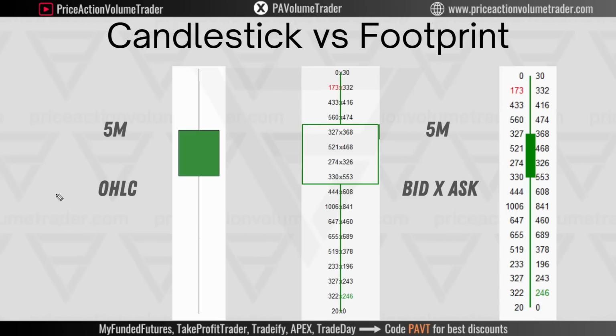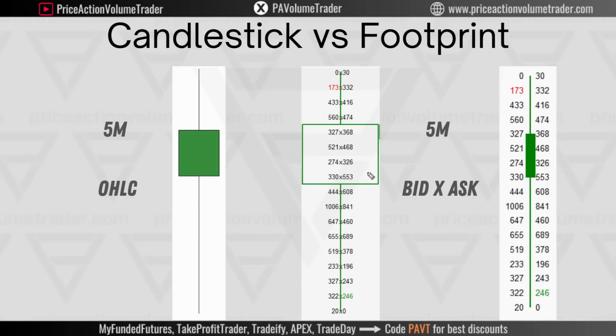There are a lot of different customizations, but this is probably the most basic way to see it right here. Okay, so you can see now with the footprint chart, we have the same information of the open, low, high, and close, but within this, we can also see exactly what the buyers and the sellers were doing at every tick level. Every market is going to have a different price scale, and a tick is the smallest measurement that we have on that price scale.